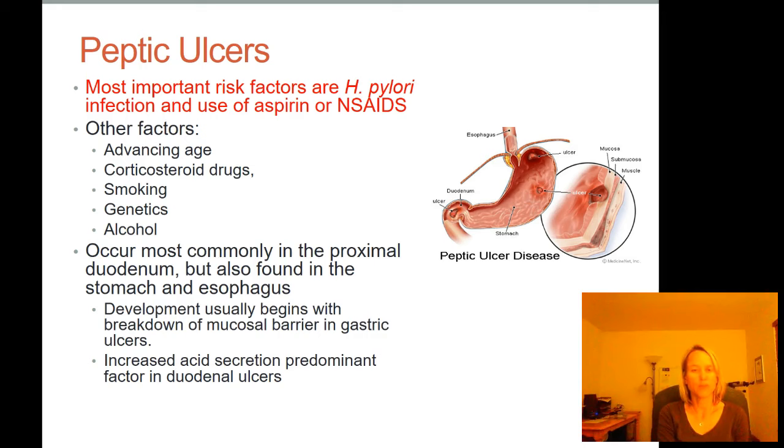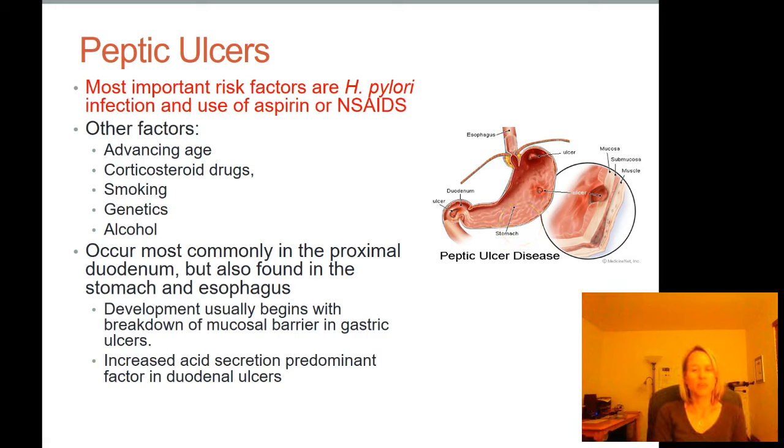But the most important risk factors are H. pylori infection and aspirin or NSAIDs. Peptic ulcers occur most commonly in the proximal duodenum, but they're also found in the stomach as well as in the esophagus if you have reflux of acidic contents into the esophagus.